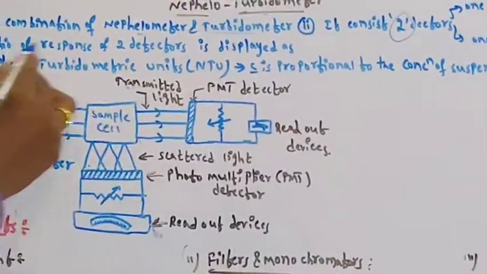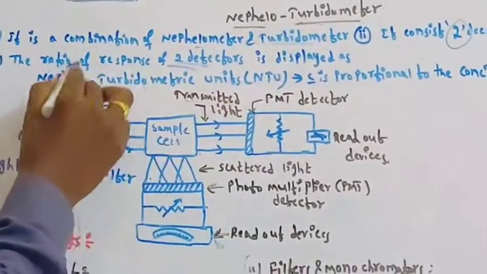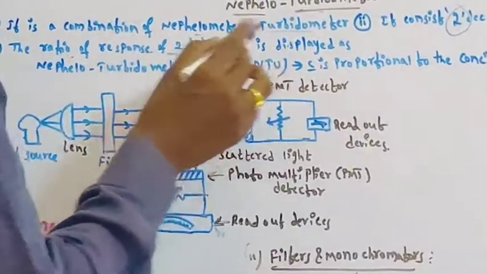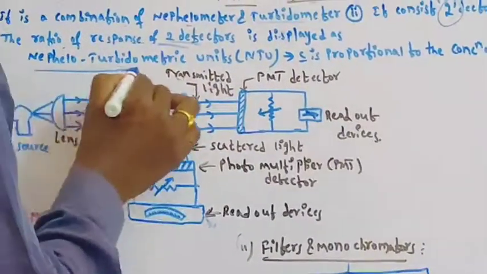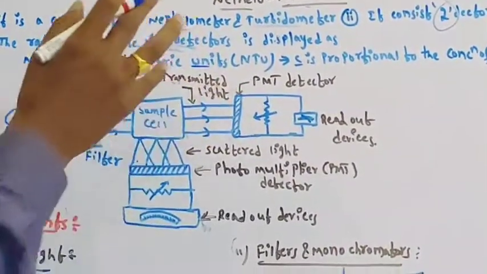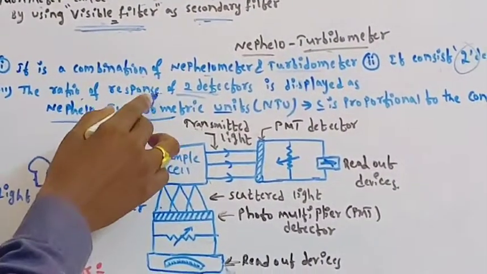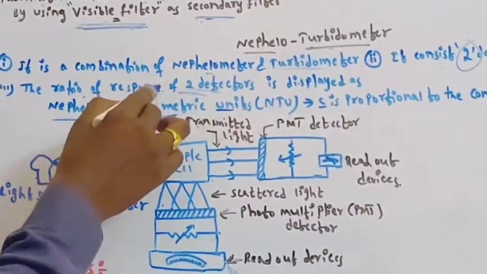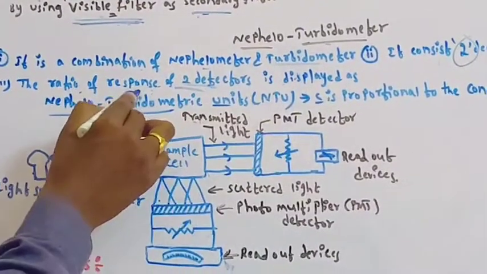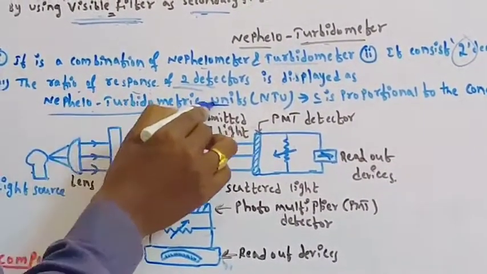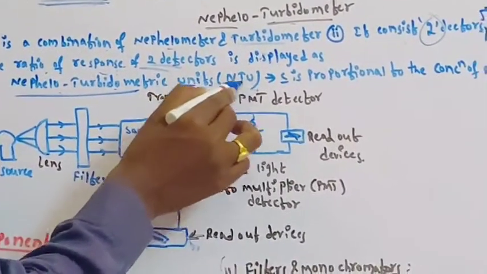Here the ratio of the response of two detectors is displayed as nephelo-turbidimetric units. This is the important thing in nephelo-turbidimetry. The response is displayed in the form of which one? Nephelo-turbidimetric units, short form NTU.